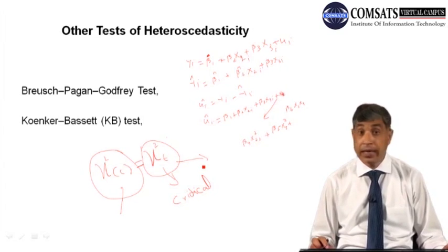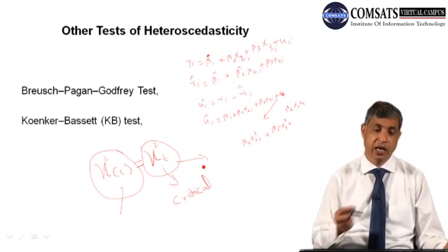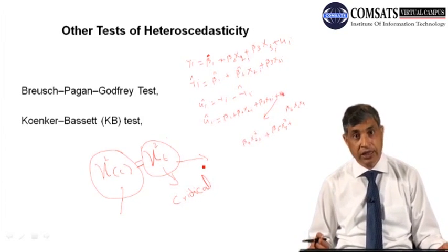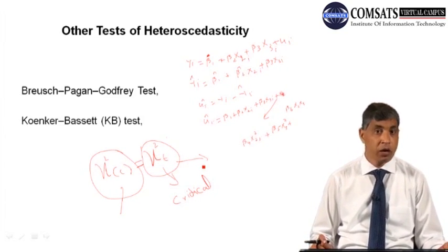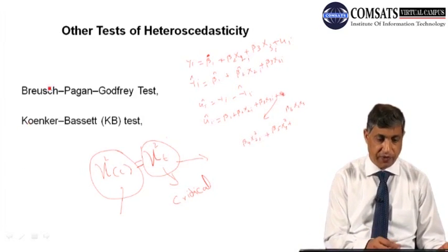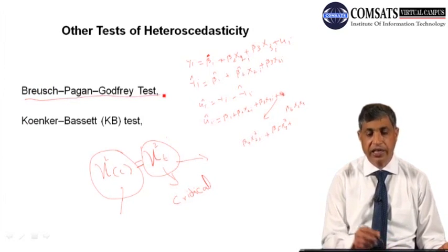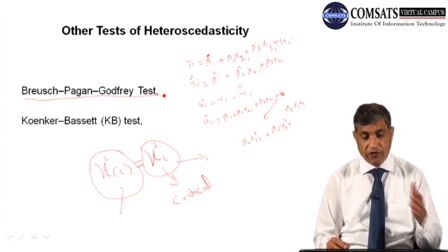But keep in mind, in special circumstances, each player is a very good player. For example, on spin wickets the spinners are good, but in South Africa, as happened with our team, the fast bowlers perform well, as Dale Steyn did against our team. So this is the Breusch-Pagan-Godfrey test.